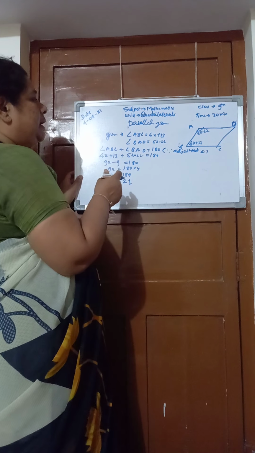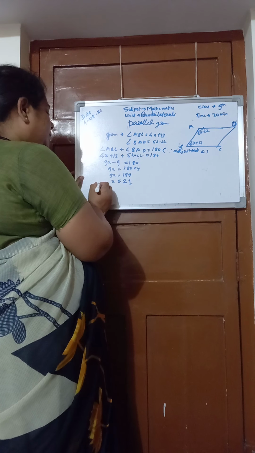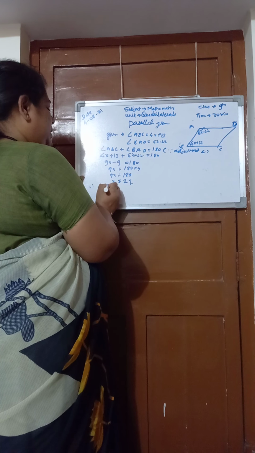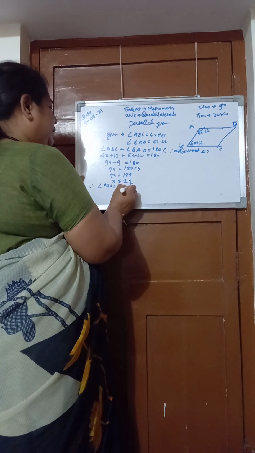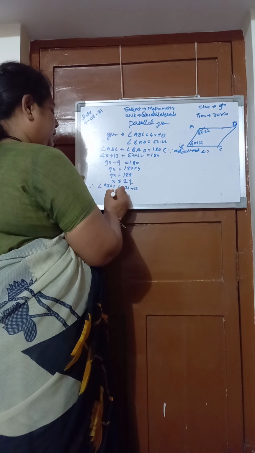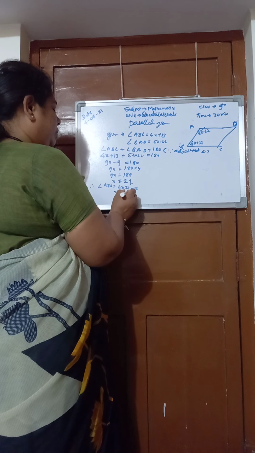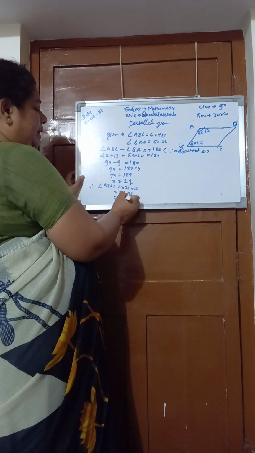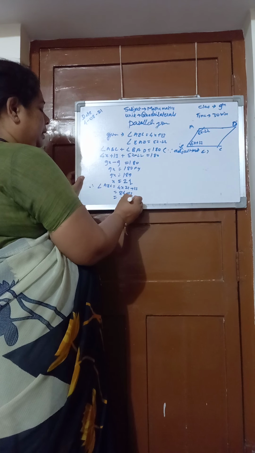Then put this value and calculate. Therefore, angle ABC, that is 4x plus 13, 4 into 21 plus 13, 21 4s are 84. 84 plus 13, what will be the answer? 97 degree.